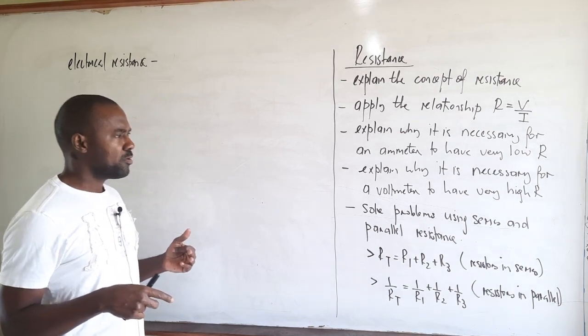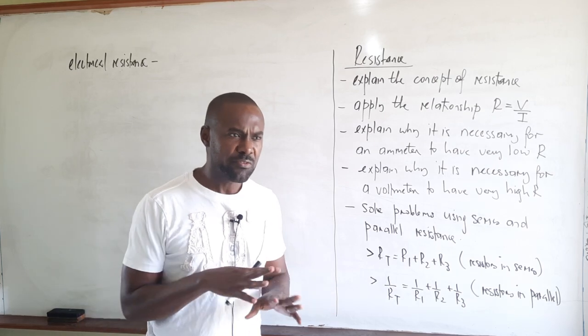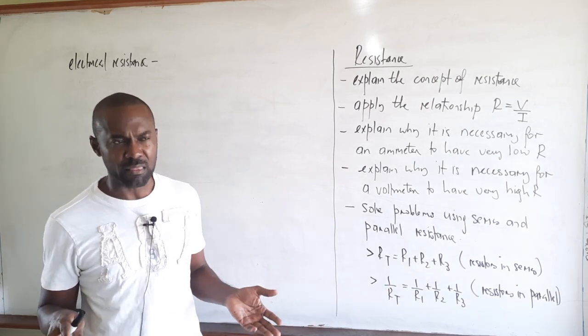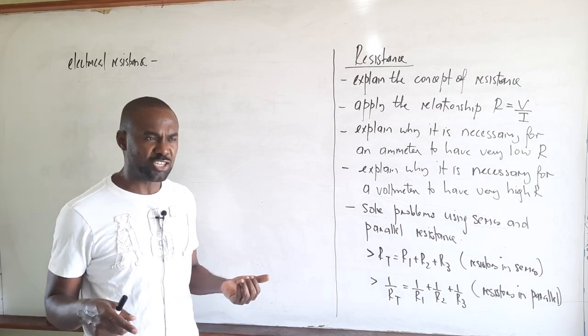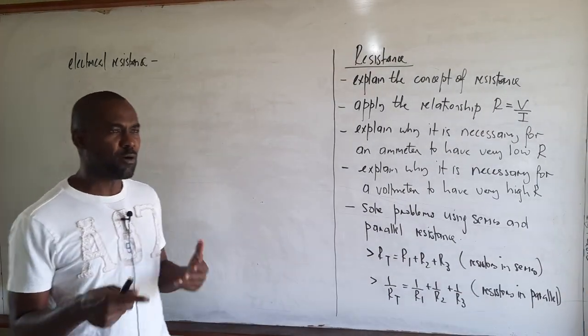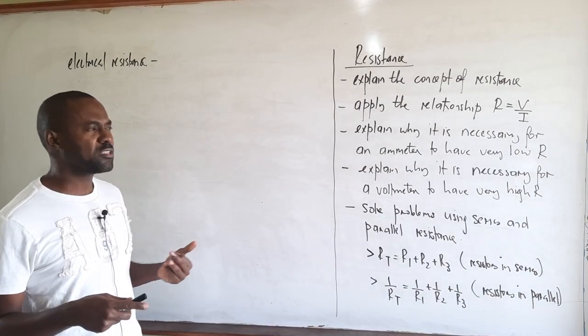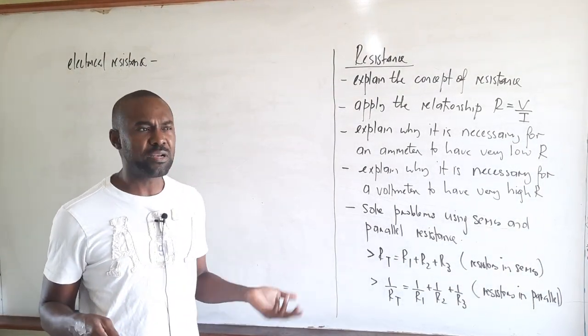Now, whenever charge is flowing in a circuit, the charge doesn't have this free, unobstructed path. So there is some amount of opposition to the flow of that charge. There is some amount of resistance. So when we speak about electrical resistance, we're basically talking about the opposition to the flow of an electric current or to the movement of charge.